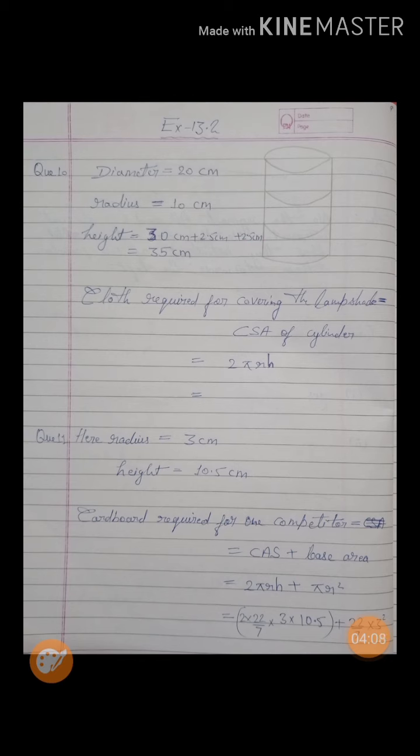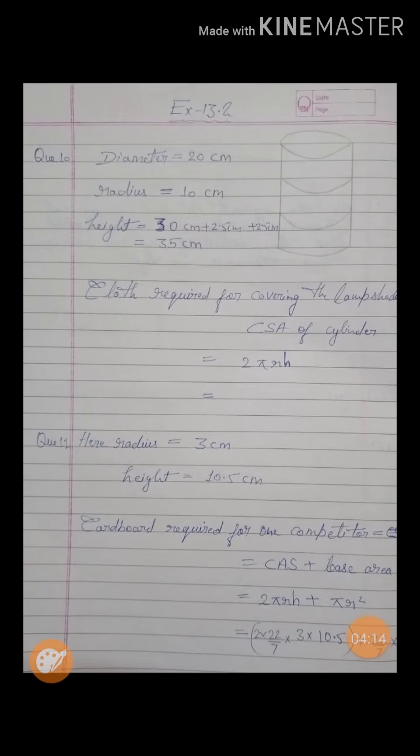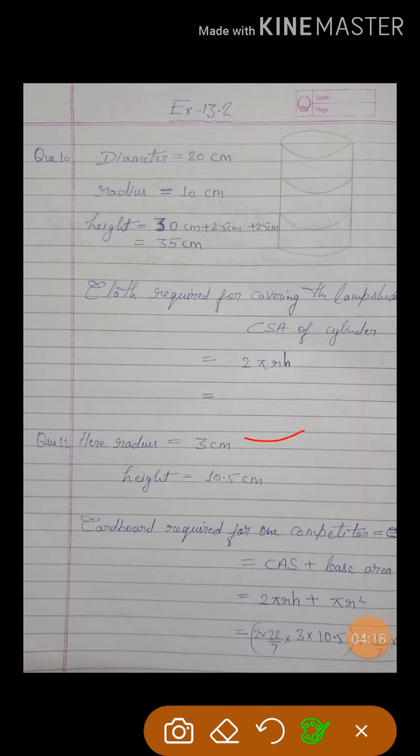Firstly, it is given the radius of the pen holder will be 3 centimeter. So firstly we shall write 3 centimeter radius, and height is given 10.5 centimeter. Then cardboard required for one competitor.